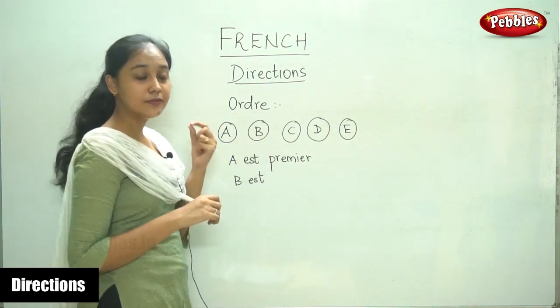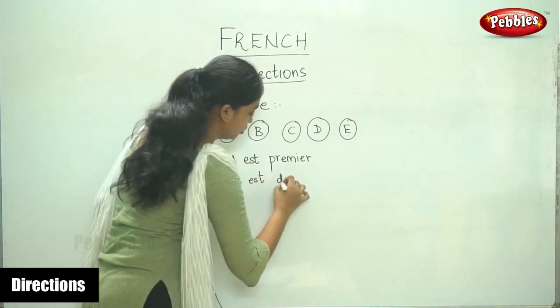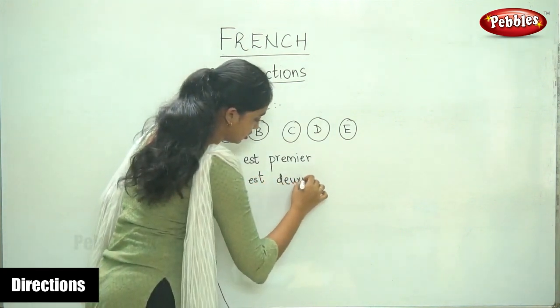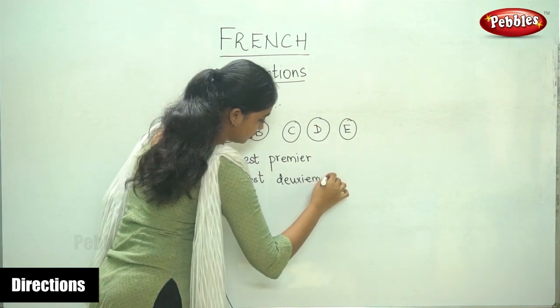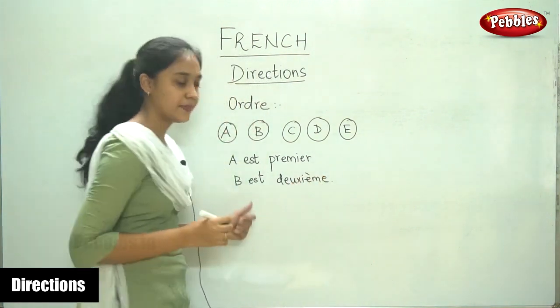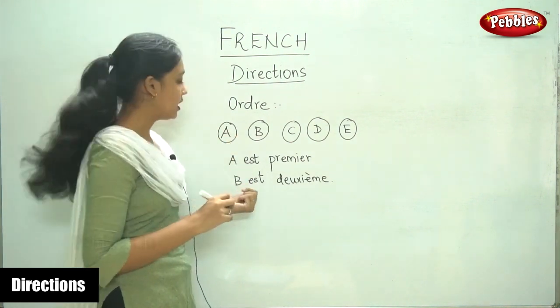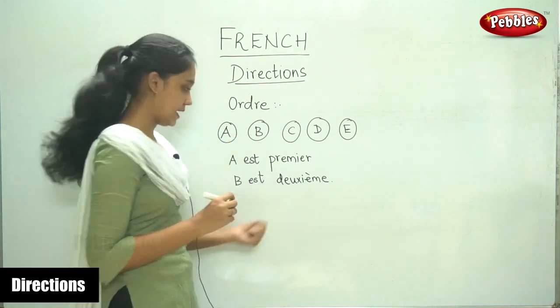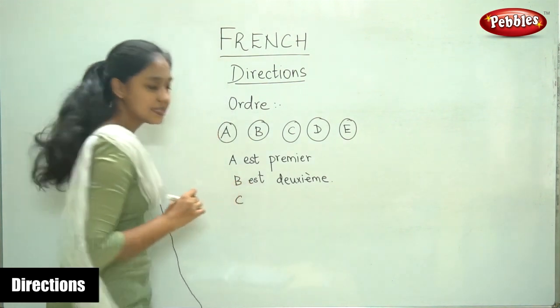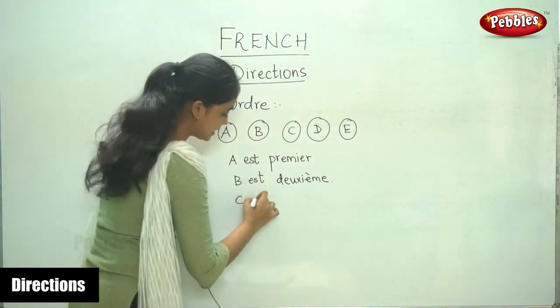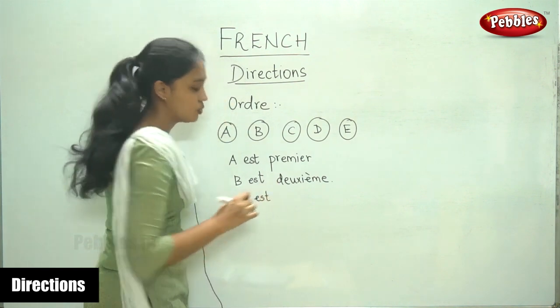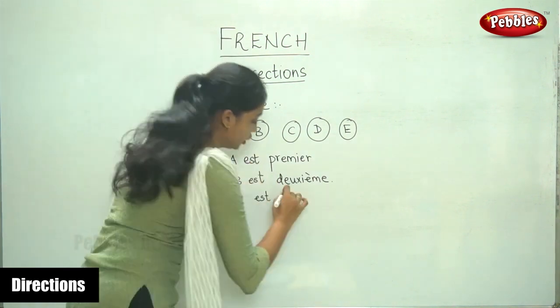Now B, second. So what is the word for two? It is deux. Deuxième. It is second. B est deuxième. Now C. We are going to say it is third. So what is the word for three? Trois.